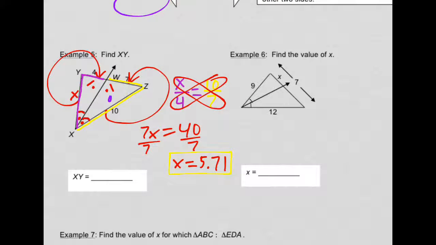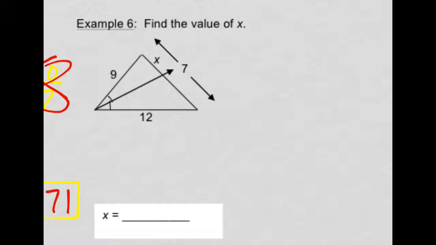All right. I want you guys to try example number 6 here. Find the value of x, and I'll help you out with this one. If we know that this is x and the whole length is 7, then use your part plus part equals whole here to figure out what this is.